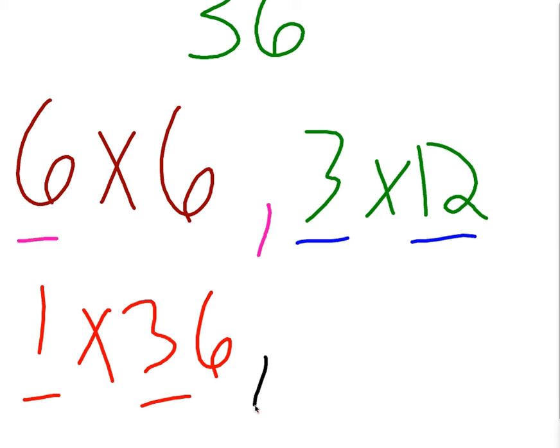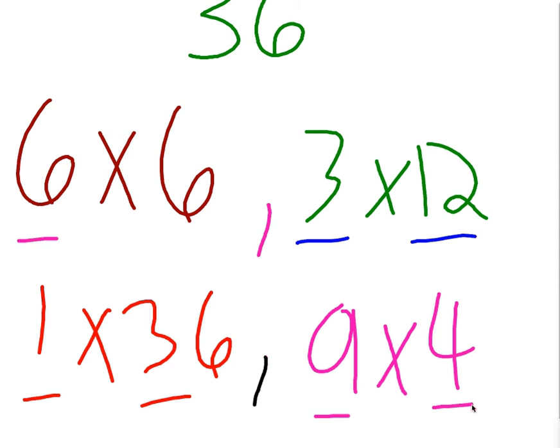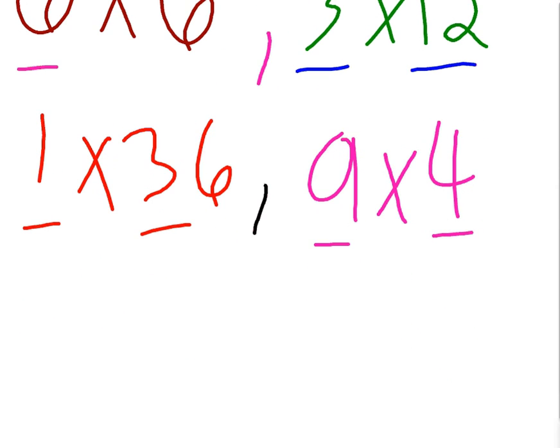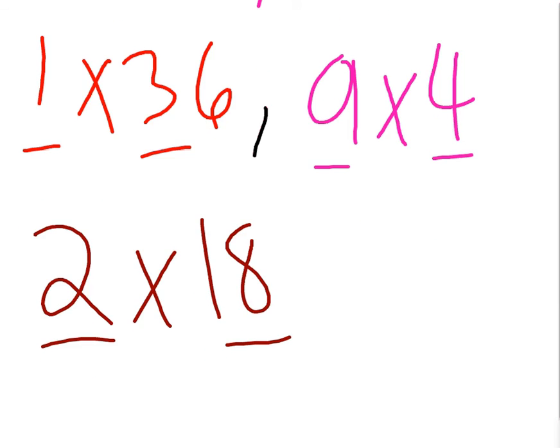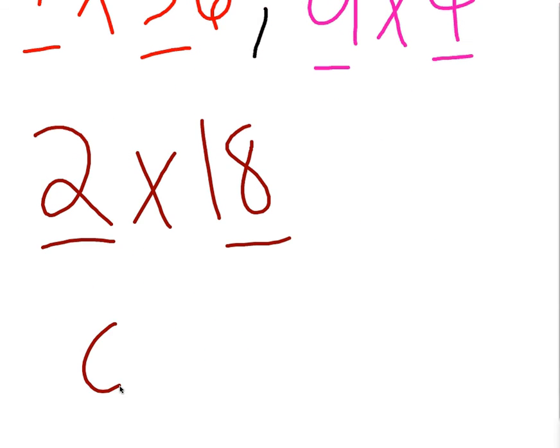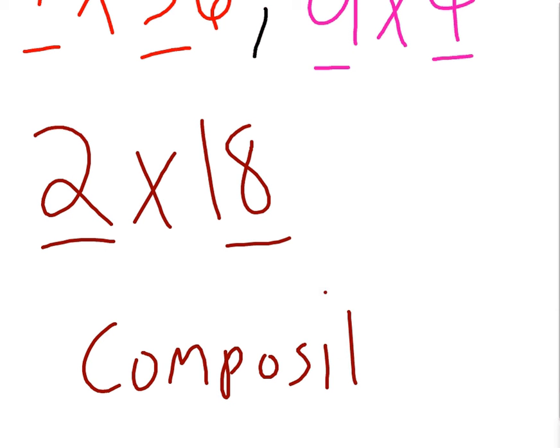Let's slow down for a second. 9 and 4. 2 times what? Good. I think we have them all. So is it prime or composite? Definitely composite, right? I mean, it has a bunch of factors.